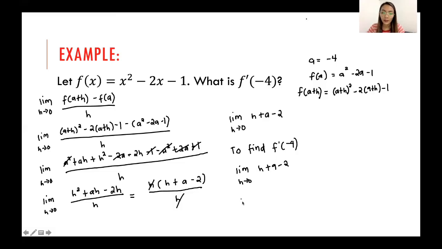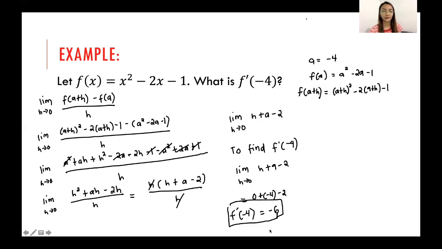So that is equal to 0 plus 2 times negative 4 minus 2. Okay? So, therefore, f prime of negative 4 is negative 8 minus 2, which is equal to negative 10. Okay.